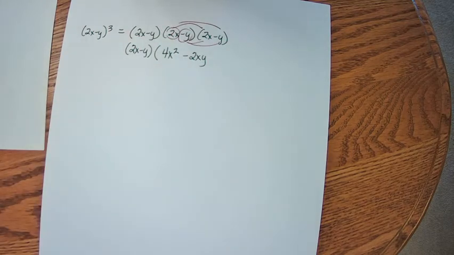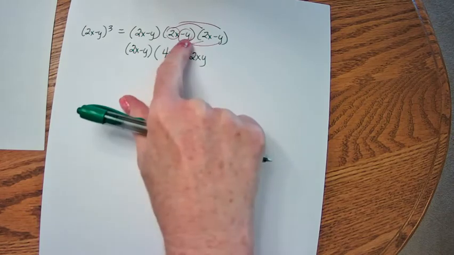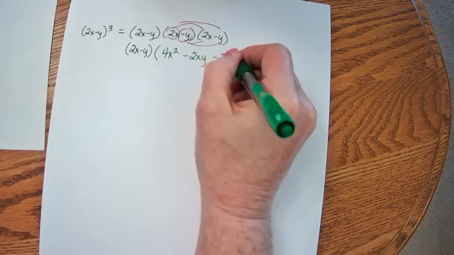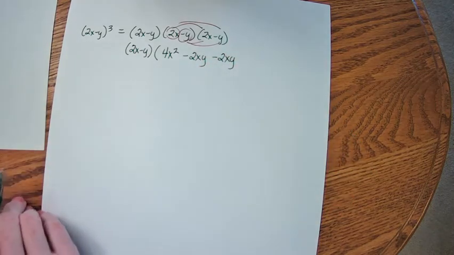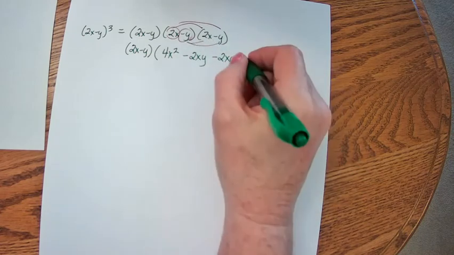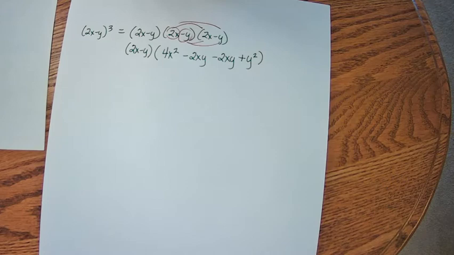That's distributed the 2x. Now let's go and distribute the negative y. Negative y times negative 2x is negative 2xy. Negative y times negative y, negative times a negative is positive, and y times y is y squared.